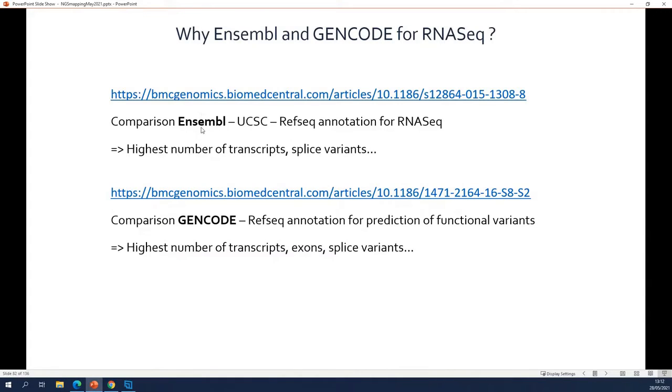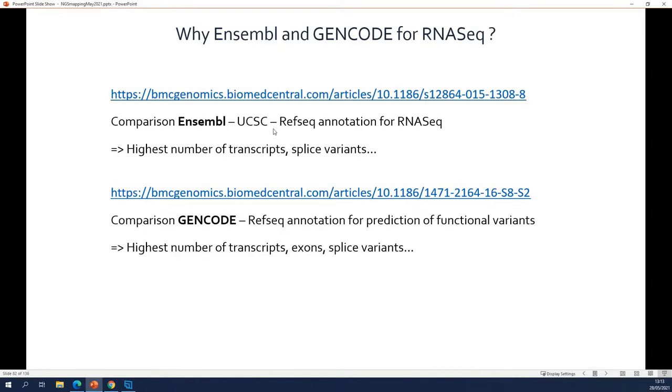What's the difference between the 3? They all have their own annotation pipelines. And Ensembl is the least stringent of the 3. Ensembl will include all predicted annotations. If everyone finds them, it's included. But if only they find or predict a certain annotation, they also include it. While UCSC is much more stringent.